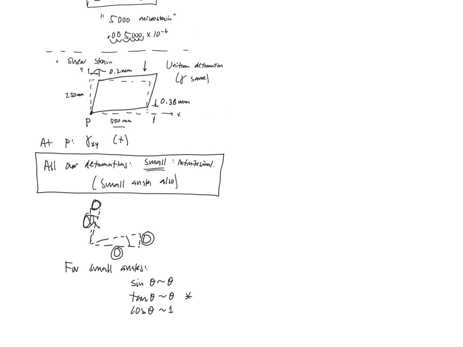So remember, I'm going to shrink this down so you can see what they are. So I would say then that gamma xy is going to be 0.2. That's the opposite over the adjacent, so 250. Now in this case, we don't have to convert to meters because the units cancel out. It's millimeters upstairs, it's millimeters downstairs. And then we have plus 0.38, all divided by 500. So again, that's really the tangent, but the tangent is the angle, so we can get those things and add them together.